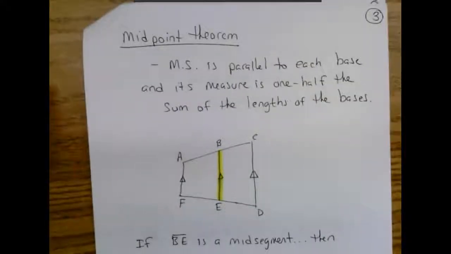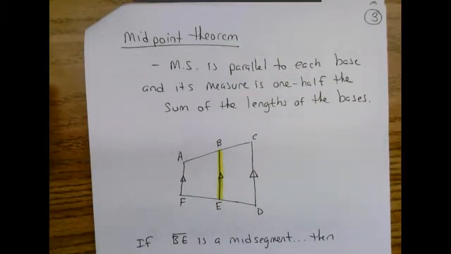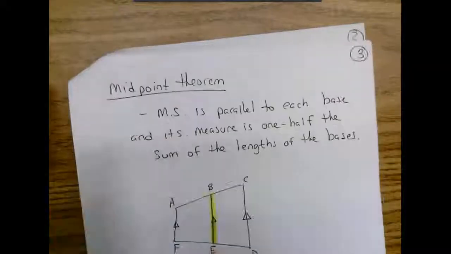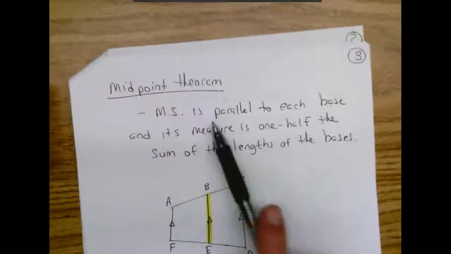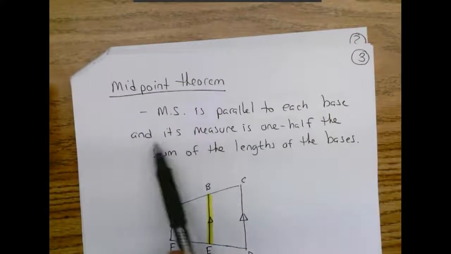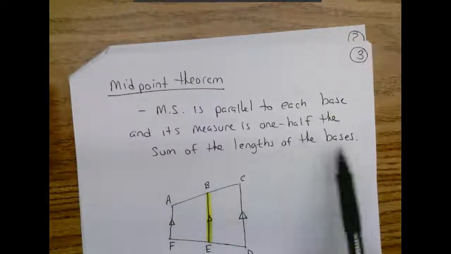The theorem says the mid-segment is parallel to each base, and its measure is 1/2 the sum of the lengths of the bases.